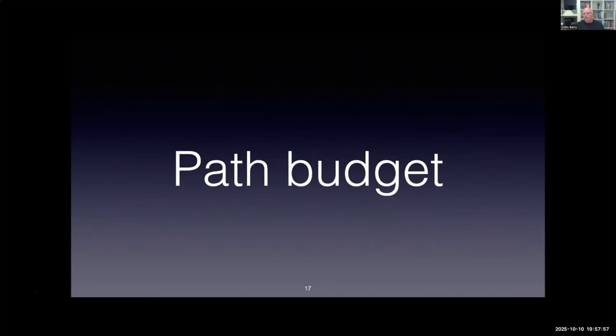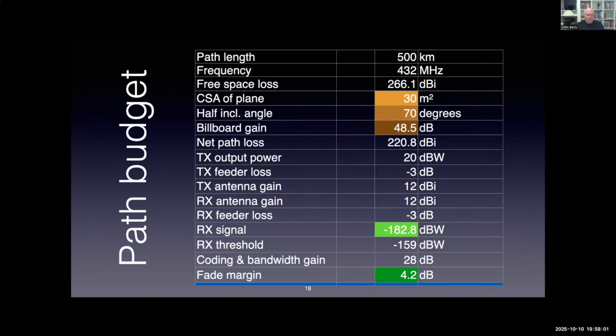You spend your power, you spend your antenna gain, etc., and you get a thing like this. Path length, 500 kilometers, frequency 432, free space loss, something, cross-sectional area of the plane, 30 square meters, say, the angle, the billboard gain, a bit more than I said, and we end up down the bottom with a nice green shading, which says, yes, it will work.